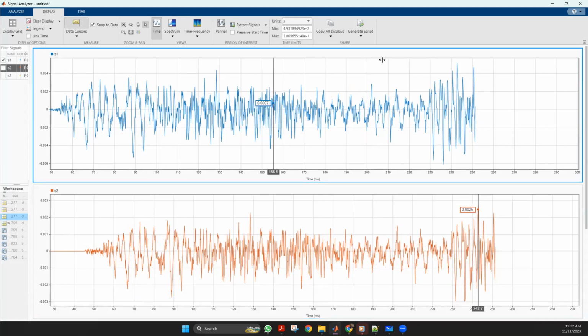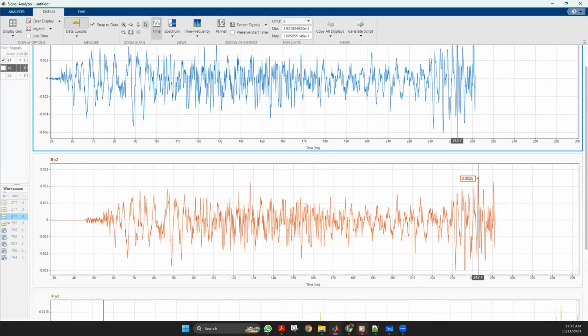In here we have the maximum peak occurring at 0.0052. So likewise, we can find the maximum peak that occurs in the signals, and we can take the difference between those time instances. And you can see whether there's a delay between these signals or not.